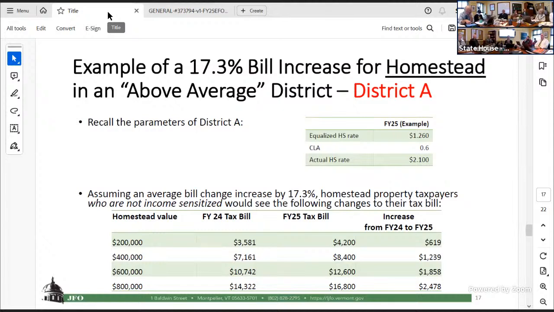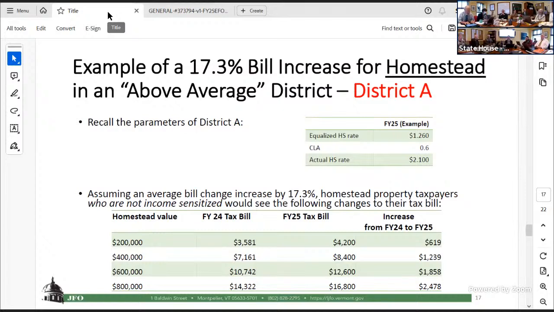Getting back to the question of everybody picking up that cost, it is true that all three classes, the homestead, non-homestead, and income sensitized homestead, are all needing to raise sufficient revenue to make sure that the property tax credit is flowing out fully funded.